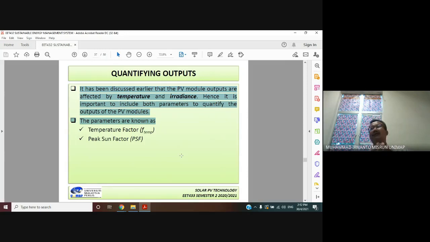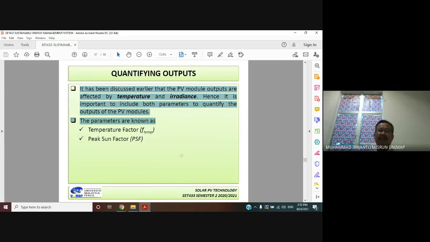So we know that the performance of the PV module depends on the temperature and solar irradiance, as we have discussed. If the solar irradiance increases, the performance will increase. But if the temperature increases, the performance will decrease.